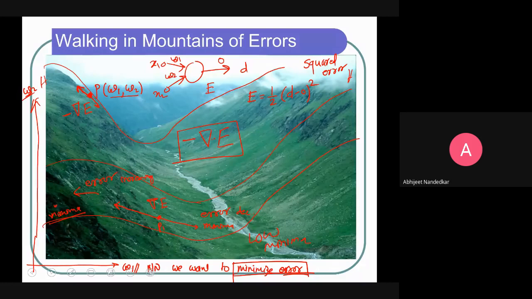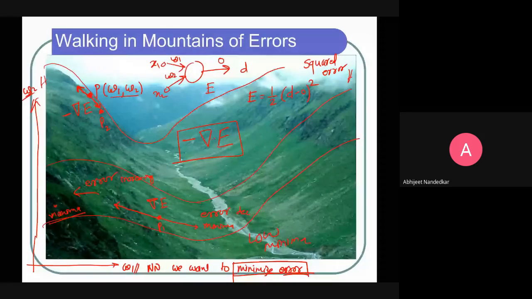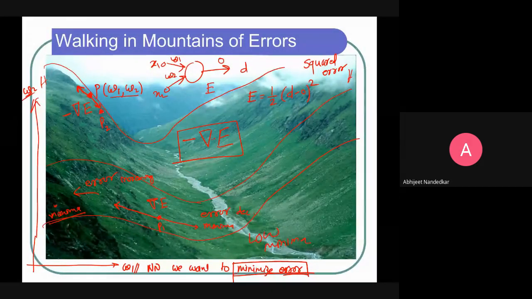So if you travel along the negative gradient of error, you are moving in this direction, and you are now at a new point P2 with this much error. Then again you compute the gradient of error, take the negative, and travel this side.